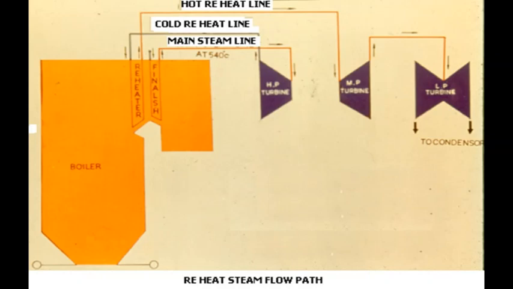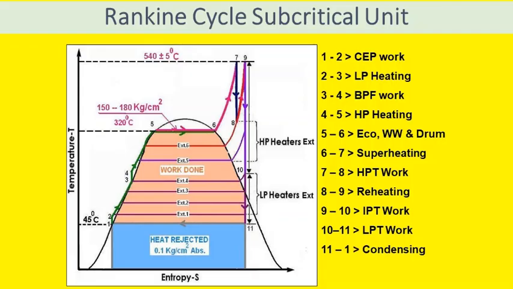So, reheating is another additional arrangement for large utility boilers to enhance the cycle efficiency and to get back more work output from the steam.